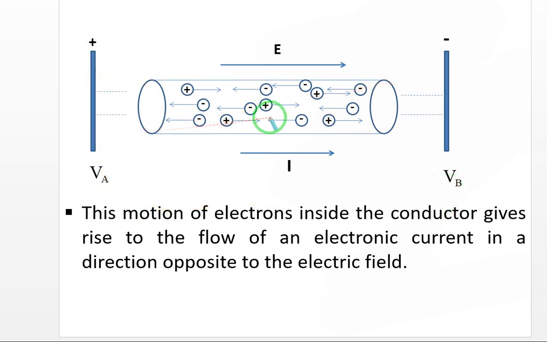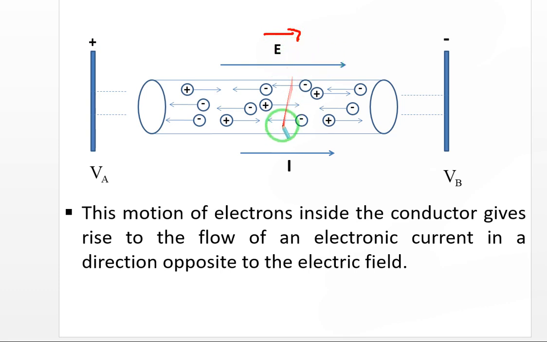When the conductor is connected to the battery, the battery makes an electric field. I will tell you what an electric field is in the next lecture, but just keep it in mind.